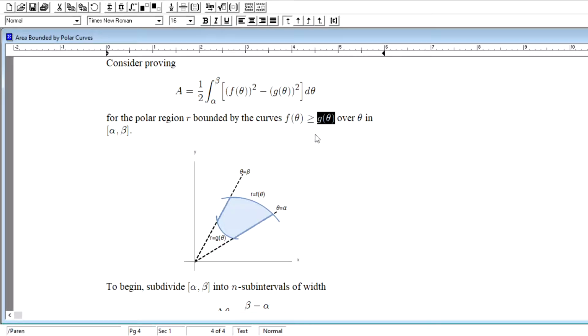G of theta is the boundary defining this region closest to the origin. And the closest you can be to the origin in this system is 0. In fact, you will even encounter cases where g of theta is equal to 0. If g of theta was 0, that would be all the space trapped within this entire portion of what would be approximately a sector in shape. But g of theta can also be defined by some other polar curve.